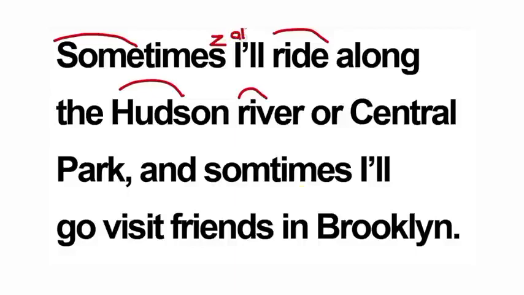In fact, it sounded just like this word, all. I used the aw as in law vowel. Sometimes all. Sometimes I'll ride. So I reduced the contraction, which is already a reduction of I will, to all. Sometimes I'll ride along the Hudson River.